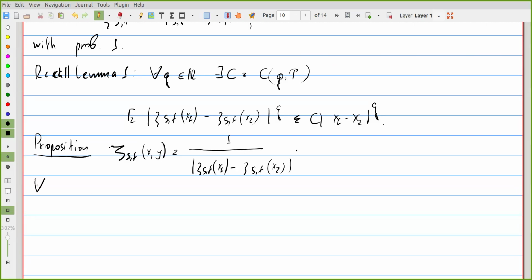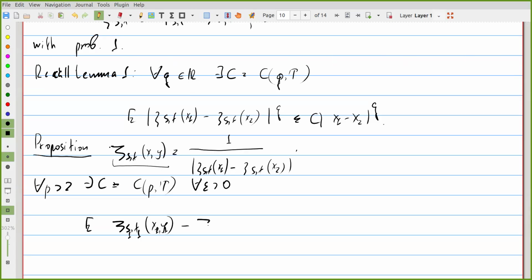And then for any p greater than 2, there exists a constant that again depends on T capital and p, such that for any epsilon greater than 0, there is a good estimate for this random field: the expectation of zeta_{S1 T1}(x1,y1) minus zeta_{S2 T2}(x2,y2) to the power p is less than c epsilon to the power minus 2p.